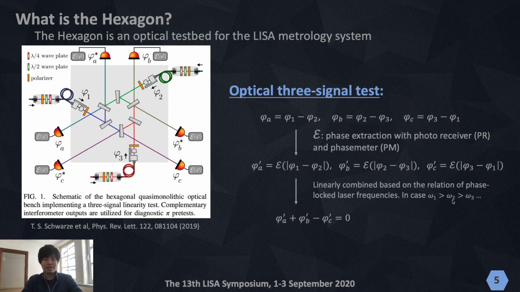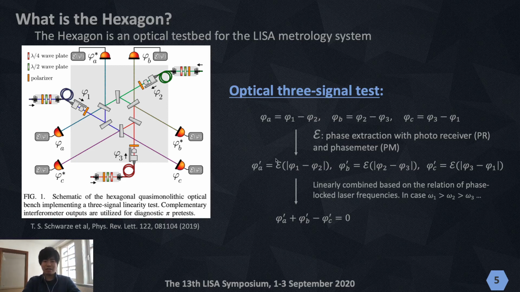So the Hexagon is an optical testbed for the LISA metrology system, which can do the so-called optical 3-signal test. This can generate 3 beat notes pairwise from the 3 frequency sources, which are phase locked to each other. Here, the 3 beat notes are denoted by phi A, B, C, and they are made from phi 1, 2, and 3.